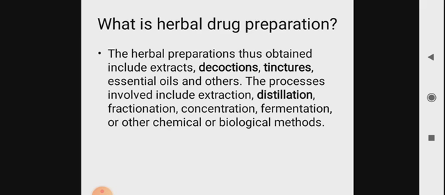So, in short, the preparations of herbs or plants are prepared using any physical process or processes like extraction, distillation, fractionation, concentration, fermentation, or any other chemical or biological method or technique. It includes extracts, decoction, tinctures, infusion, essential oils, and others.